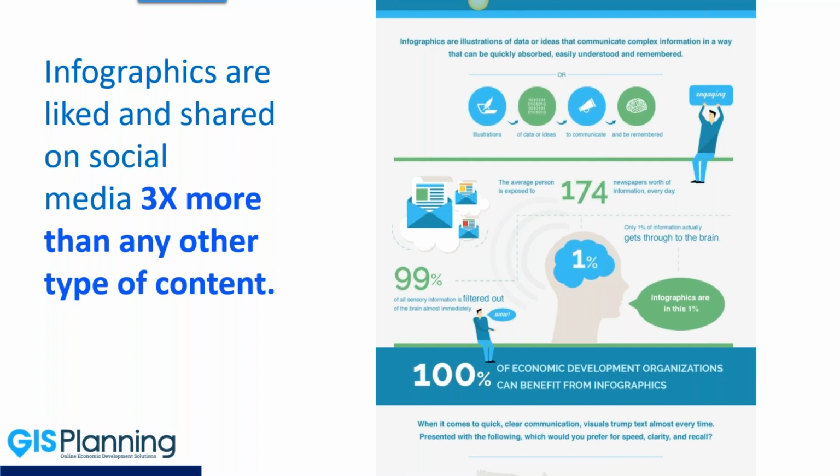Infographics are liked and shared on social media 3 times more than any other content. Again, it's using data to tell a story, but it's making the story interesting to read. If you give me a report form, I'm going to glaze over and I'm going to probably click through it. If you give me something like this, I'm going to see what these pictures are telling me. It allows me to read it quickly and summarize what I'm supposed to be learning.